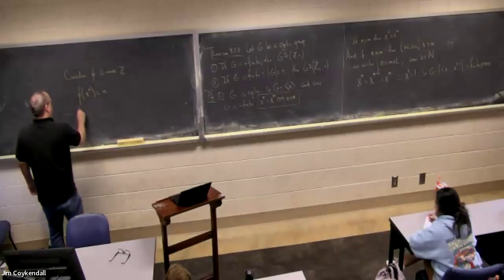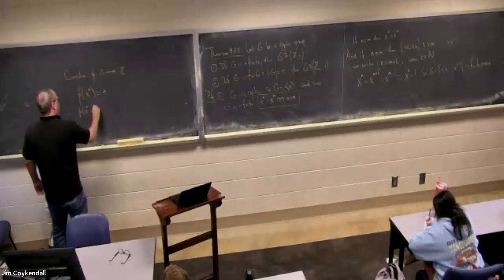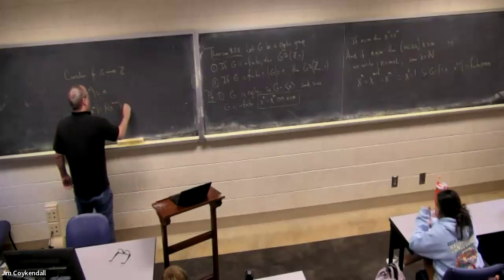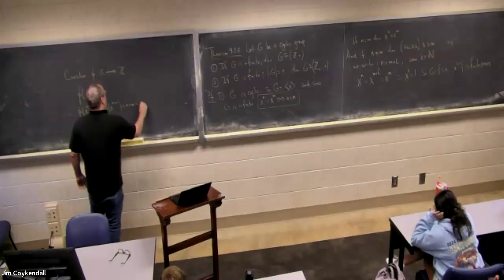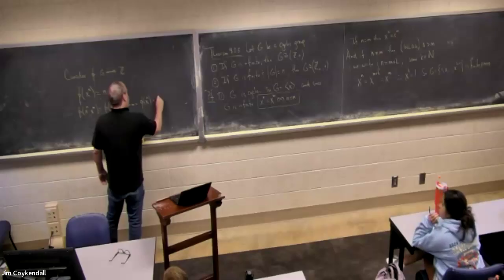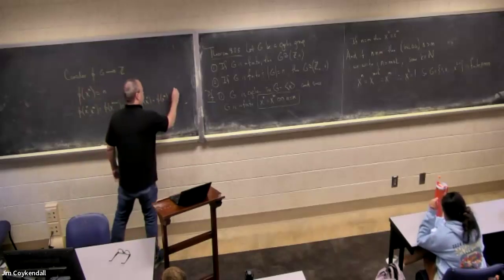Notice that phi of x to the n times x to the m, phi of x to the n plus m, which is n plus m, which is phi of x to the n plus phi of x to the m. So it's a homomorphism.